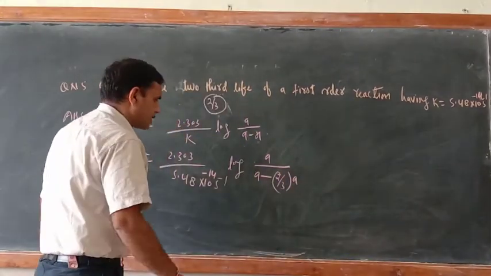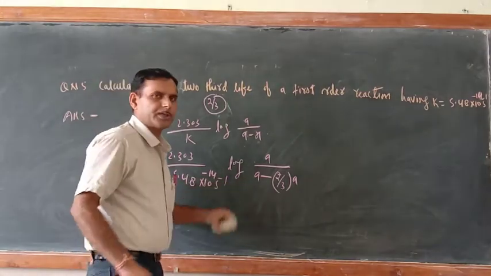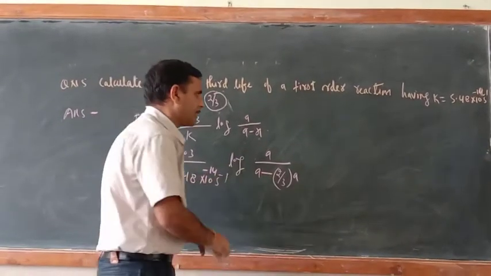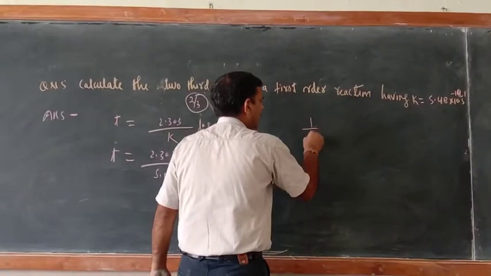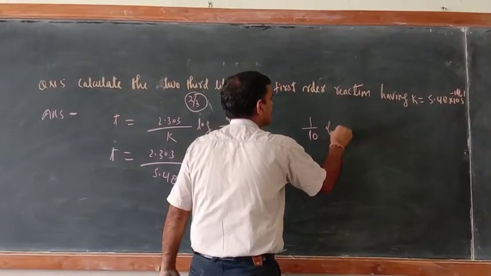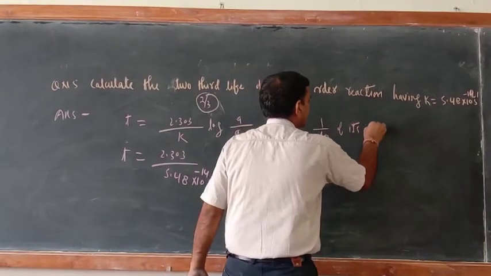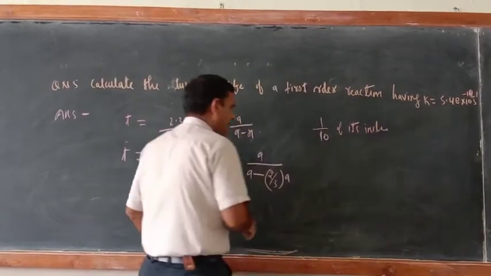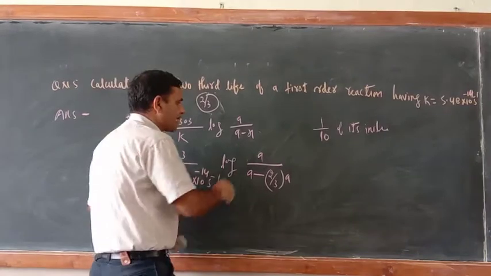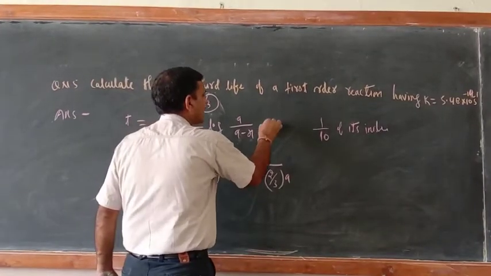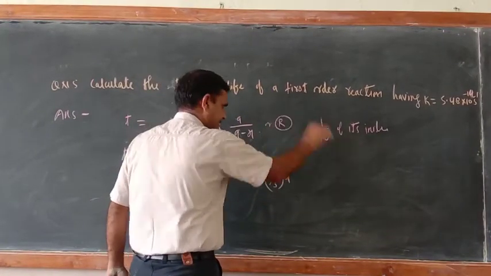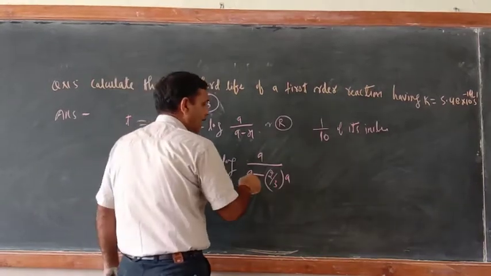So just try to understand. You can raise a question. In the previous question, what was written? 1 by 10 of its initial concentration. So that value I directly put in place of a minus x. But here I am going to solve this one.